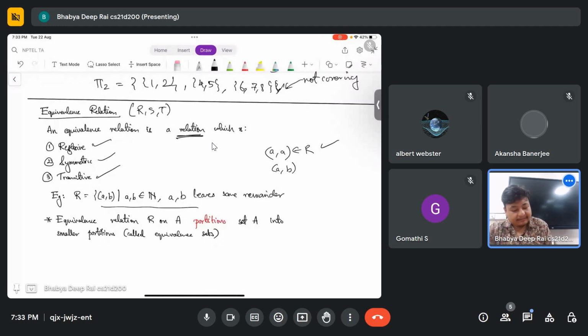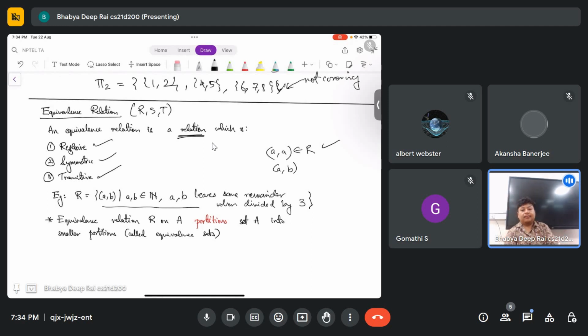Okay, A and B leave the same remainder when divided by, say, 4, or 3.